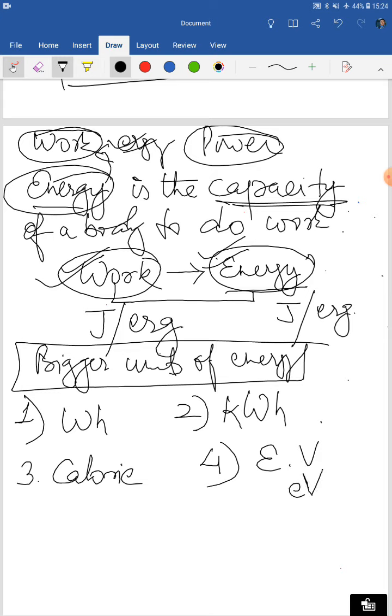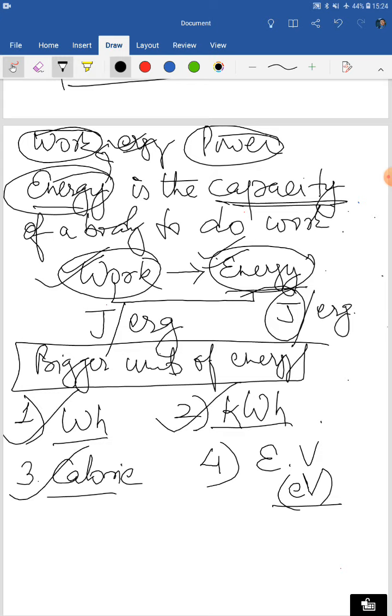This is how we write the symbol for electron volt. So these are all the units of energy. Are you getting my point? All the bigger units of energy. Energy ko SI unit is joule, but bigger units are watt hour, kilowatt hour, calorie, and electron volt. All right. So you'll get the definitions and relation in your book.